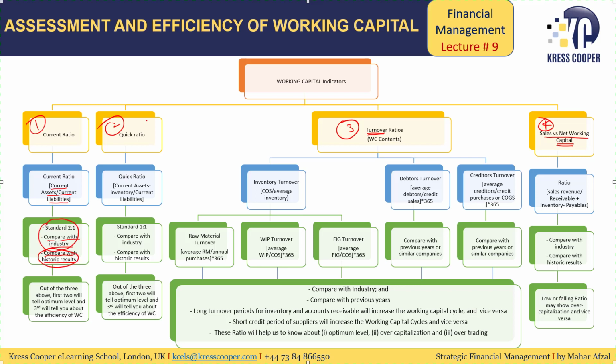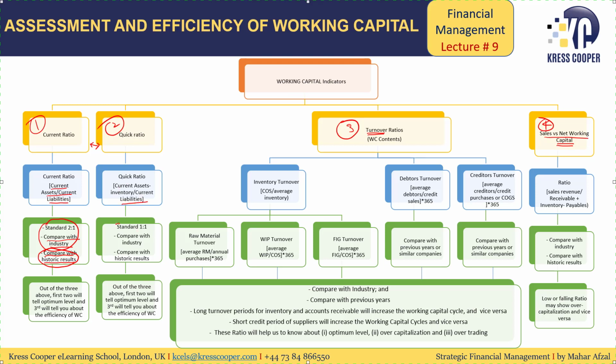capital. In the same way, quick ratio: the difference between current ratio and quick ratio is due to the inventory. Sometimes the inventory turnover is very slow. When the inventory turnover is very slow, inventory will not be converted into liquid assets quickly. So we are removing inventory out of the current assets and we are assessing current assets less inventory divided by current liabilities.